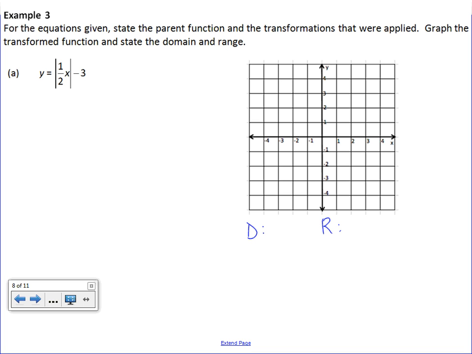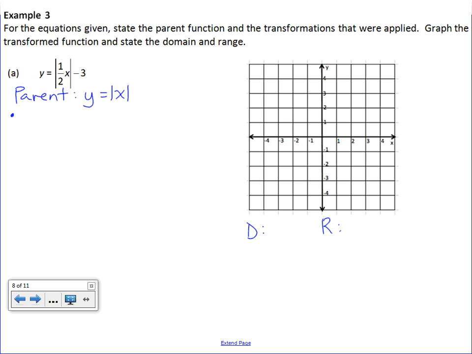So what is the parent? Parent function, so if you take away A, K, D, and C, what's left? Absolute value function. So y equals the absolute value of x. There's your parent. Now we're going to state transformations. So what's that half going to do to your function? Horizontal or vertical? It's inside with x, so that's the key, guys.